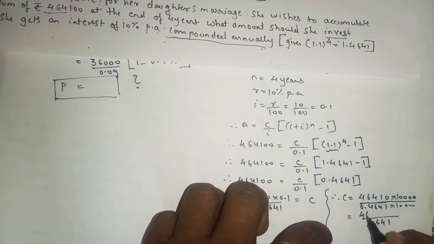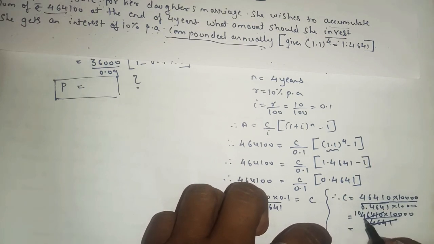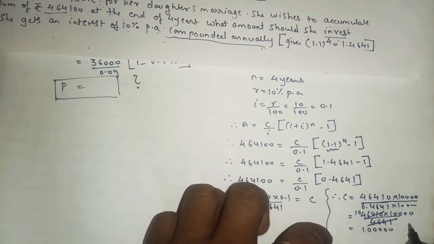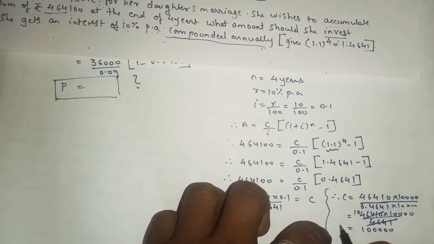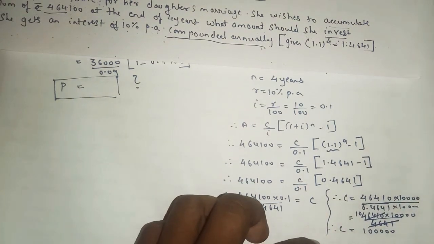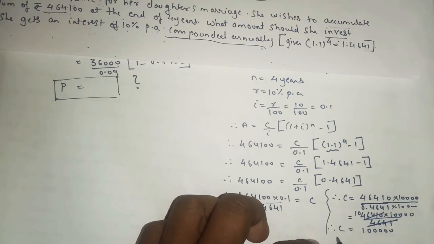And this will be 46410 into 10,000, so 4641 tens are, 10 into 10,000, it will be 1 lakh. So here we got C is 1 lakh, so that means she must invest 1 lakh every year.